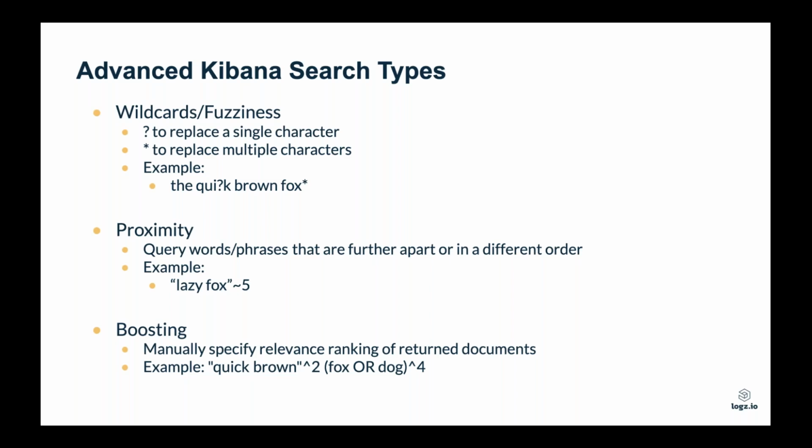So you can see that we have lazy and fox, and we use the tilde operator and 5 in order to say that we don't know if it's lazy and then fox or fox then lazy, but we want them to be at least 5 tokens or words away from each other. This way, if we're trying to find these two terms in the same single log line, but we have some variability, we can still match them and extract that.